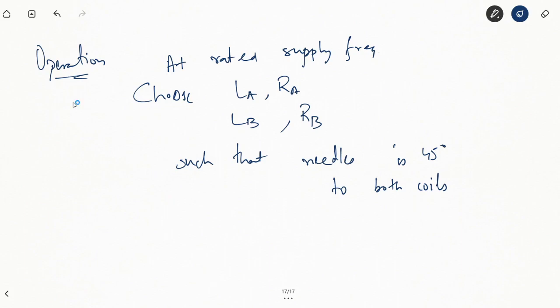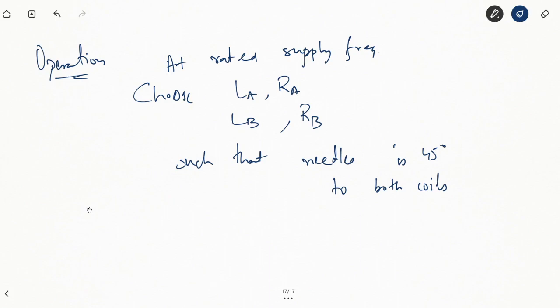While reactance LB is in series with coil B, as the reactance in coil B's branch increases, the voltage across coil B decreases, and thus the current decreases. So the field of coil A now becomes much stronger than that of coil B. This will cause the motion of the needle, and the needle will tend to align itself towards the axis of coil A. Vice versa, if the supply frequency is decreased, LA decreases, LB decreases, that means the voltage impressed across coil A decreases, and the voltage impressed across coil B will be much higher than across coil A, so coil B will be carrying more current.